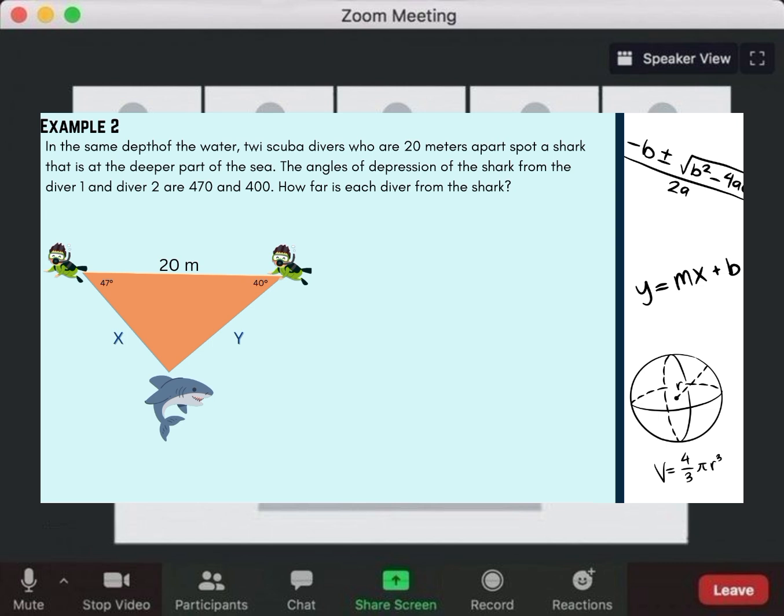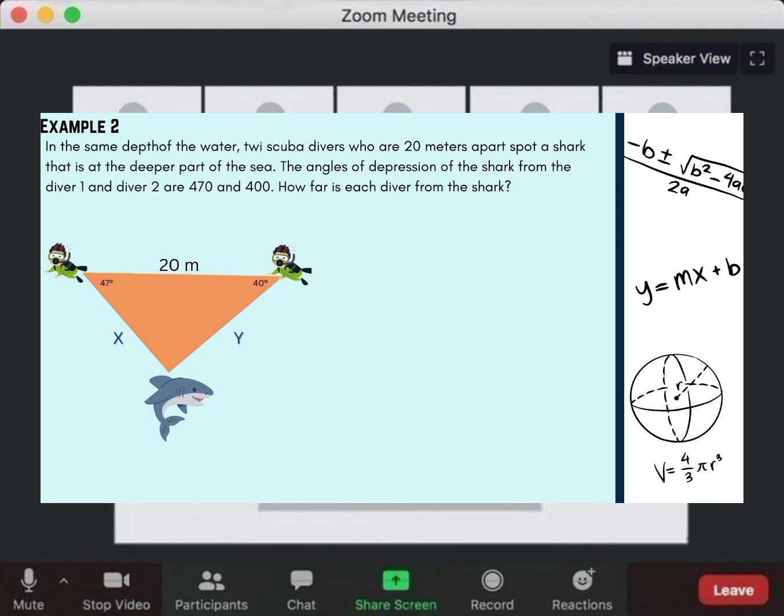The angles of depression of the shark from diver 1 and diver 2 are 47 degrees and 40 degrees respectively. How far is each diver from the shark? What we are getting is the distance between diver 1 and the shark, then diver 2 and the shark. Let's represent the two sides with x and y.